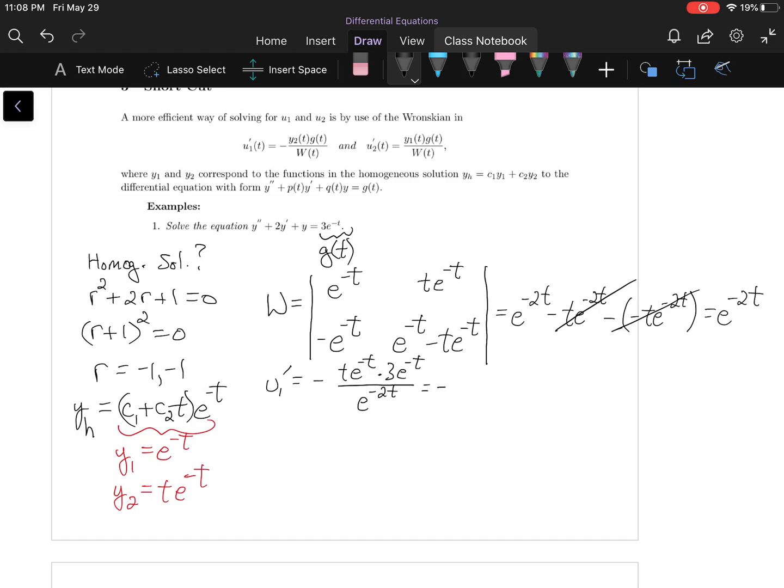And this simplifies to negative 3t. When you integrate, what you get is that u1 is going to be negative 3/2 t squared plus c1.